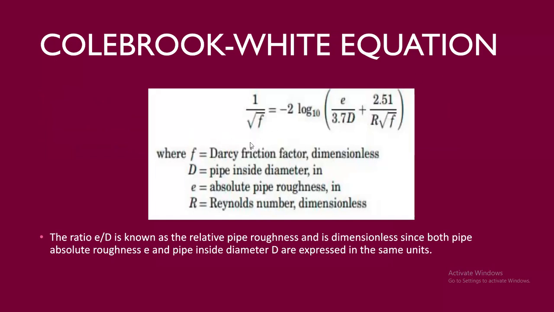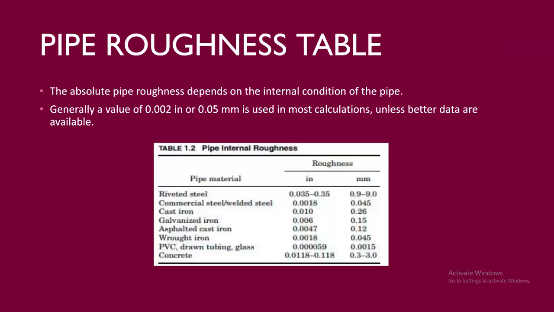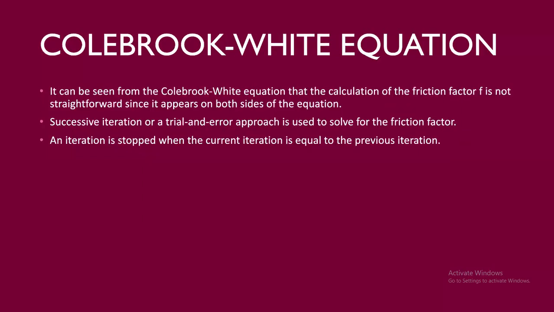So you need to use numerical analysis to be able to solve for that F. Successive iteration or a trial and error approach is used to solve for the friction factor. An iteration is stopped when the current iteration is equal to the previous iteration.